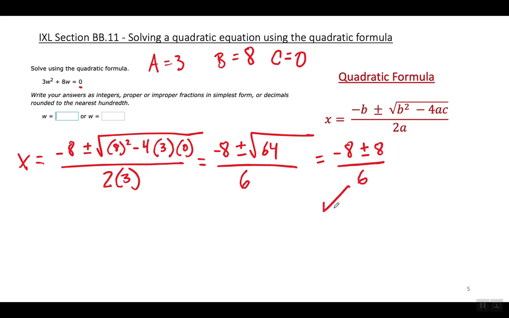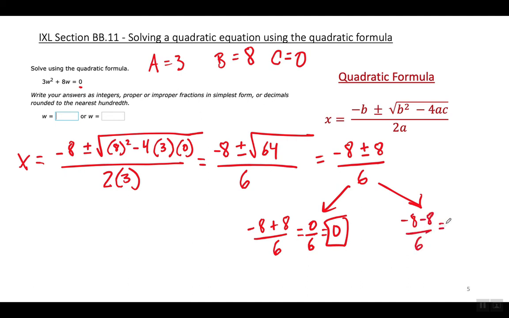All right, so now let's do our two problems. First, I do negative 8 plus 8 over 6. Negative 8 plus 8 is 0, and 0 divided by 6 equals 0. So my first answer is 0. Okay, my second answer will be if I do negative 8 minus 8 over 6. That's going to give me negative 16 over 6.